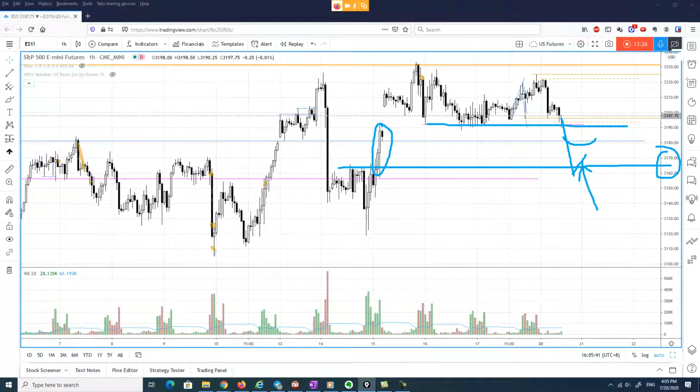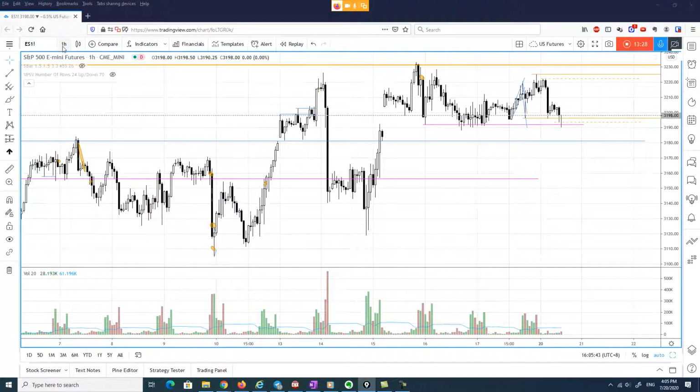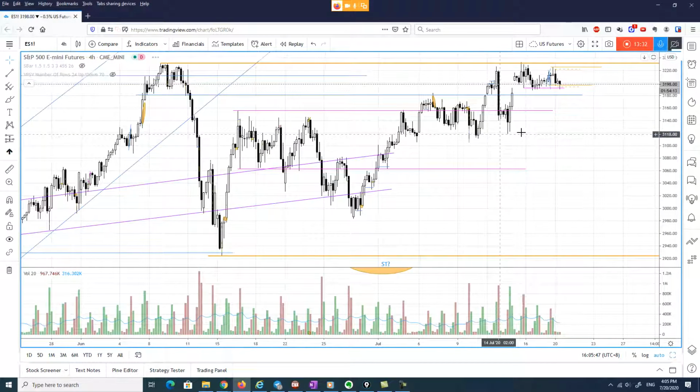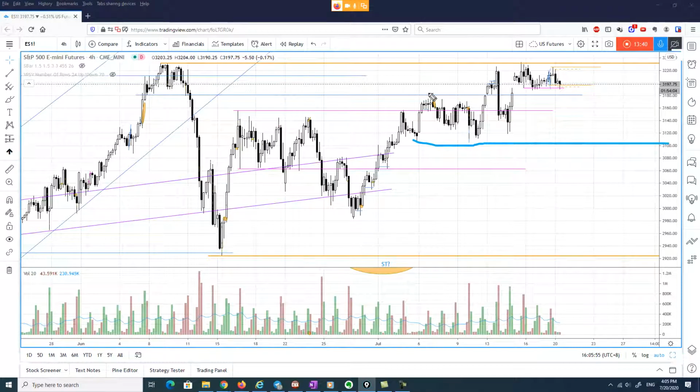And for the bigger picture here, if we go to maybe the 4-hour H4, I think as long as we are still within the range here, above the range like 3105, then definitely I still prefer a bullish scenario to go up and eventually to have a breakout of the 3230 swing high resistance.